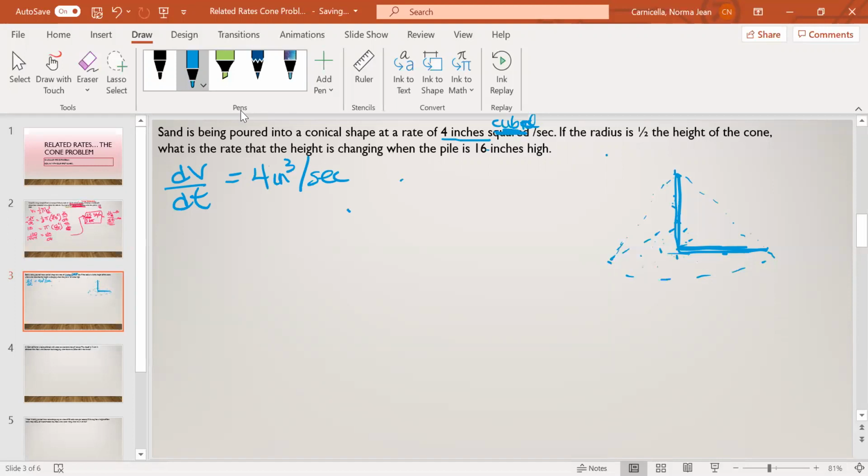I also know that the radius is equal to 1/2 the height. Oh, I know at height equals 16 inches. And my unknown is, what is dH/dt? That's what we want to know. What is the change in height? Because that's what it says here. What is the rate that the height is changing?